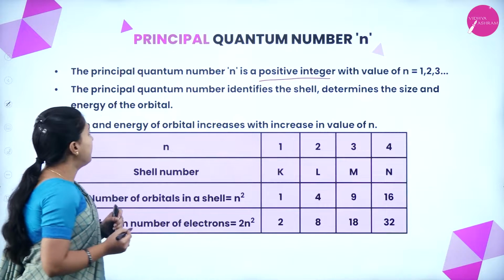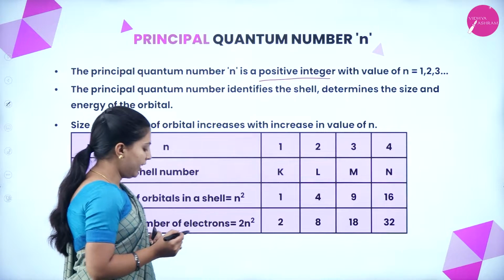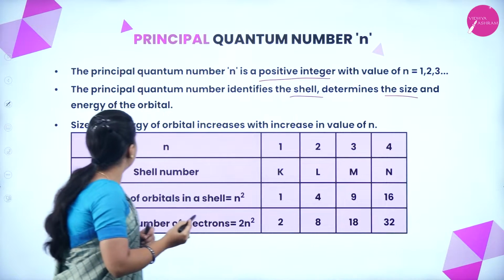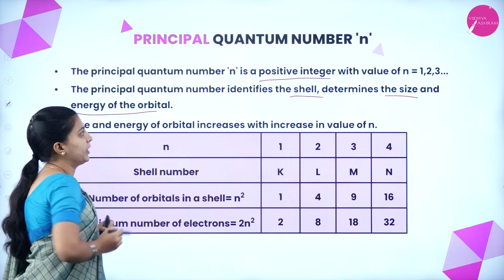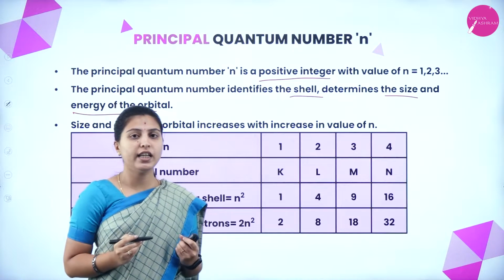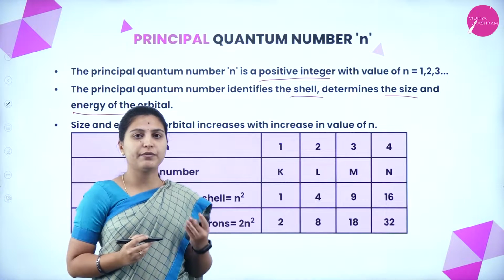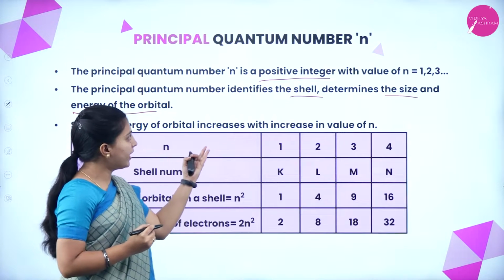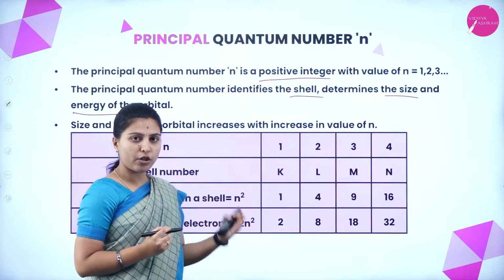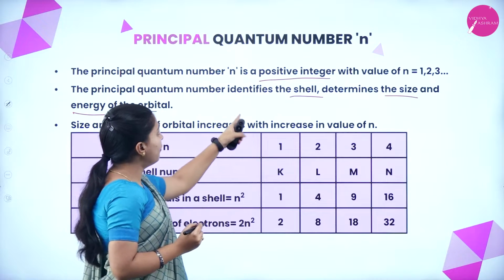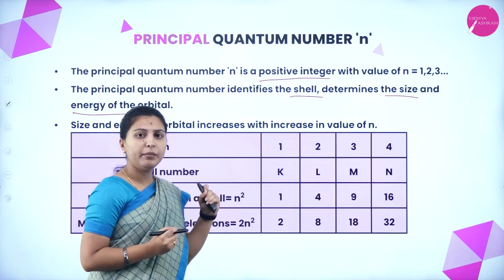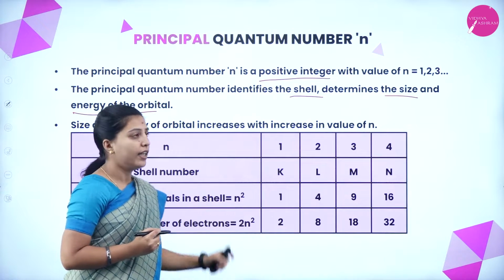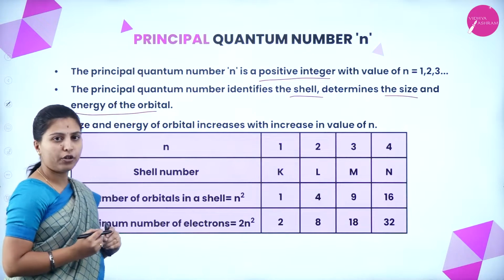The principal quantum number identifies the shell and determines the size and energy of the orbital. So the principal quantum number, which is a positive integer denoted by n, identifies the shell and determines the size and energy of the orbital.